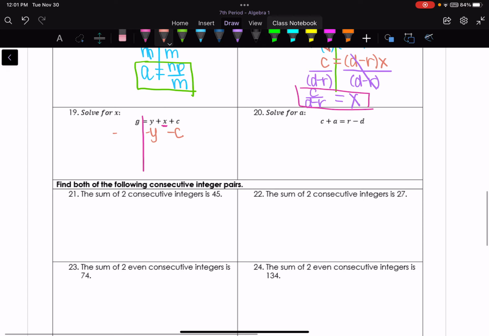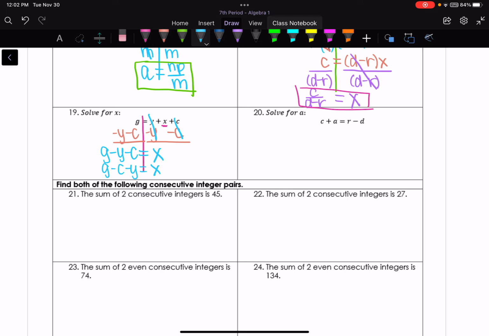So when we subtract y and subtract c from both sides, we are left with x equals g minus y minus c. And if you were to rewrite this as g minus c minus y, that would be okay as well. So either way that works.